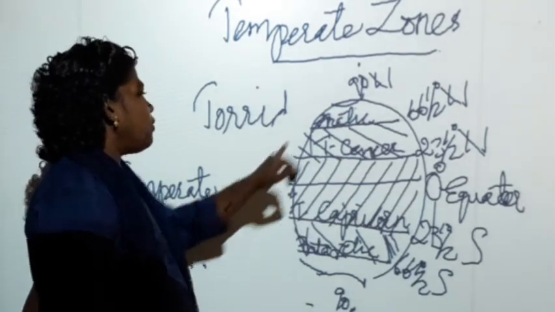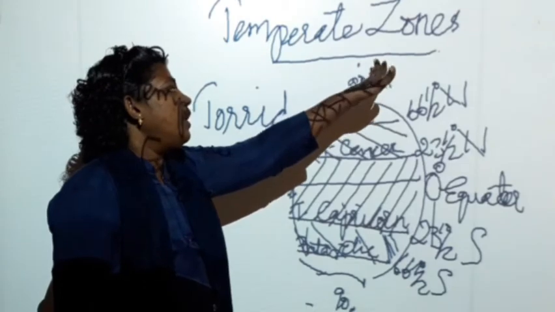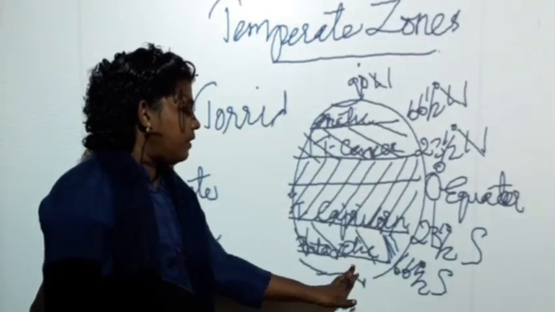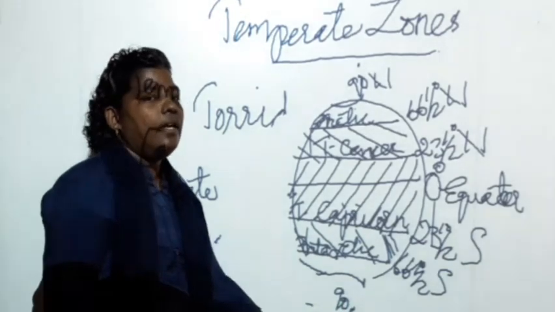And the frigid zone is located above the Arctic Circle till the North Pole in the northern hemisphere, and from the Antarctic Circle till the South Pole in the southern hemisphere.